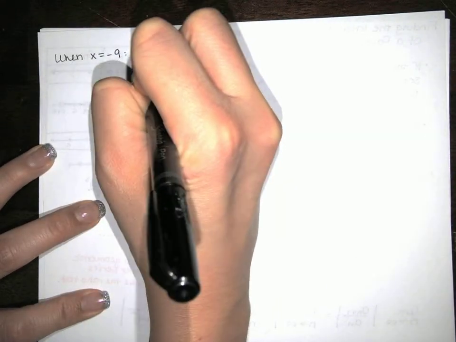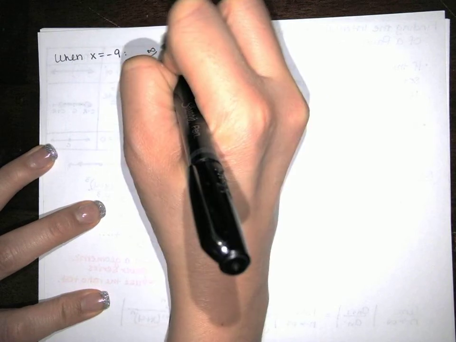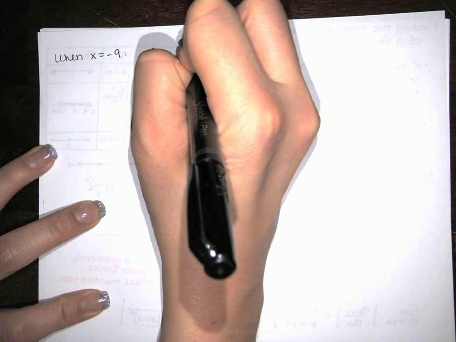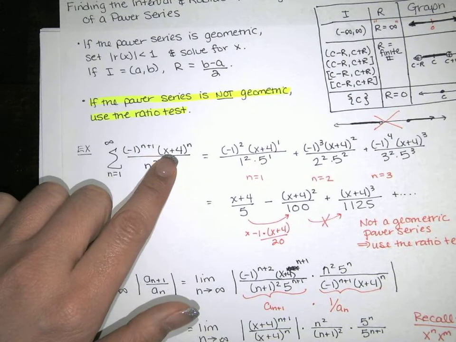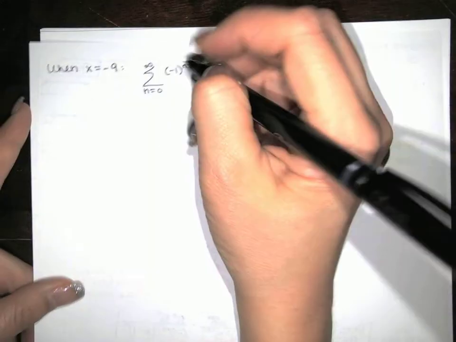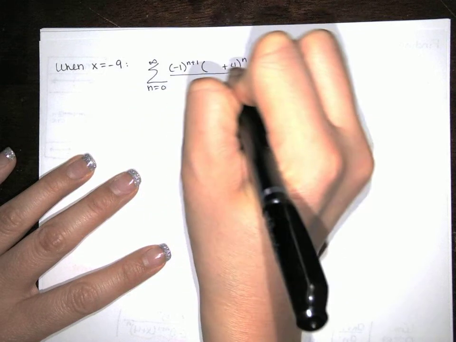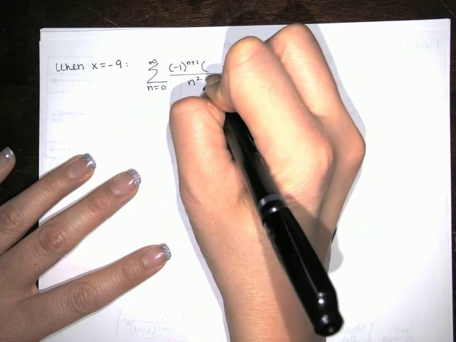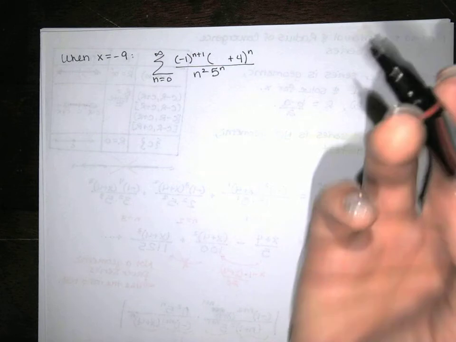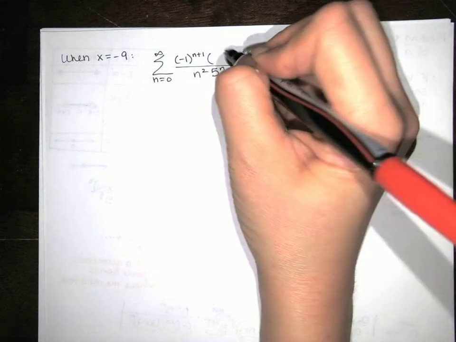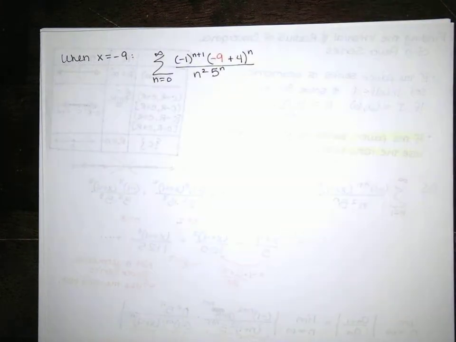So let's look at our series when x equals -9. The series was -1 to the n plus 1, and we have an x plus 4 to the n, all divided by n squared times 5 to the n. And we're replacing x with -9.